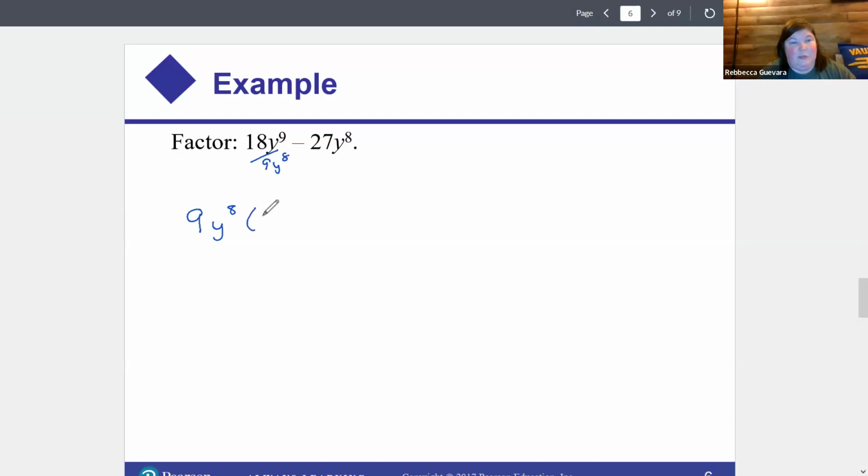If I do that, I'm just going to be left with 2y minus 3. And there we go, we're factored. That's the best I can do. So once I get there, I've got 2y minus 3. That's not two squares, it's not two cubes. There really isn't any more I can do. So I factored out the largest common factor between 18y to the 9th and 27y to the 8th, and that was the best I can do.